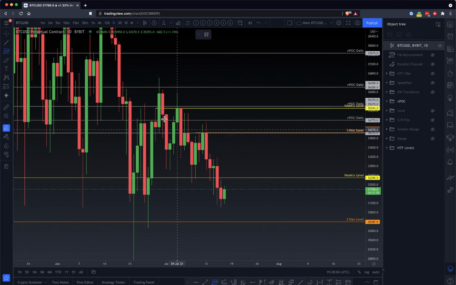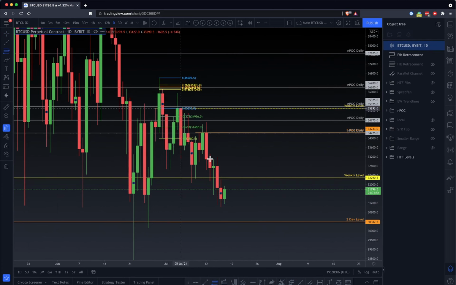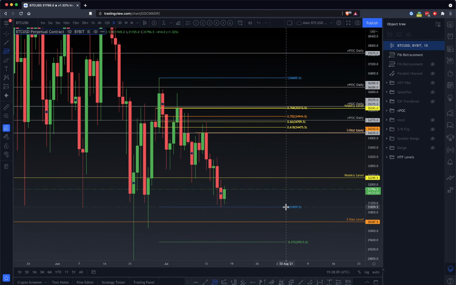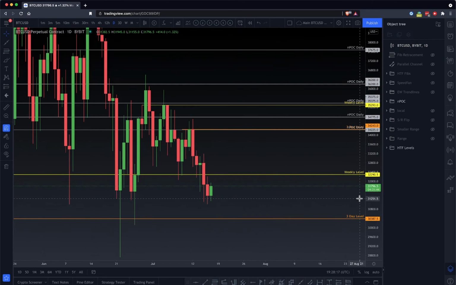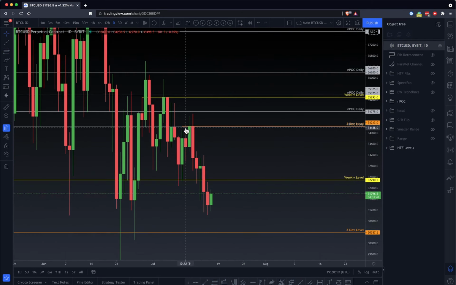Let's say if we have so many massive resistances here, like 34k, massive.